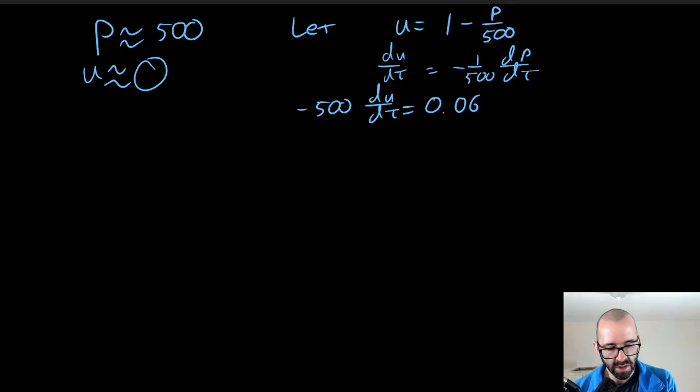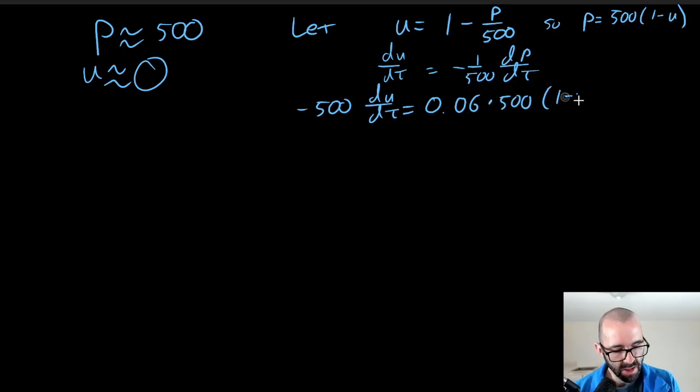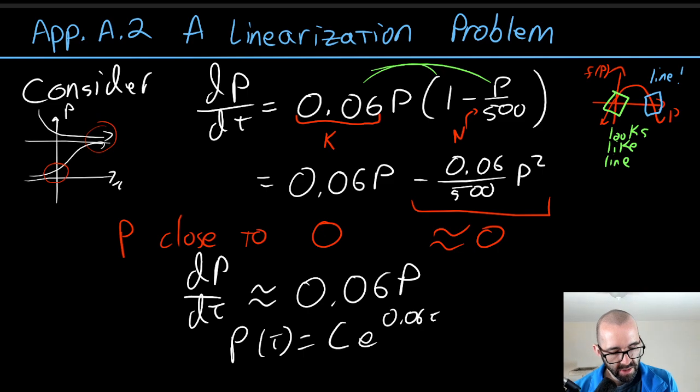Oh, we never solved for it. 1 minus u times 500. Right, p over 500. Subtract it over, yep, that checks out. So this now becomes 500 times 1 minus u. And then again, 1 minus p over 500 is literally u.